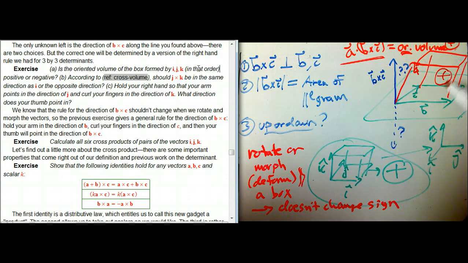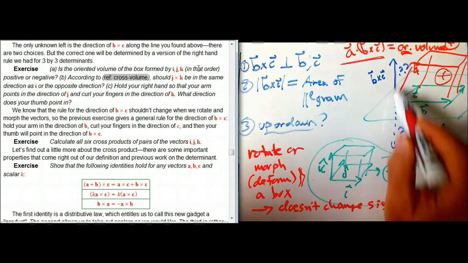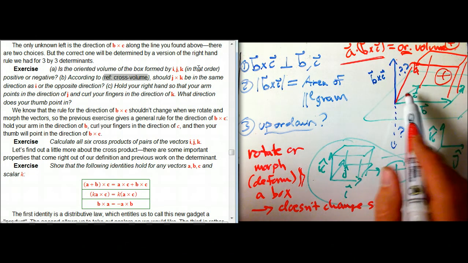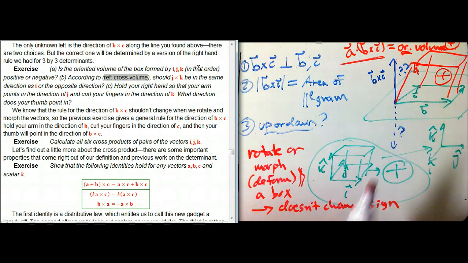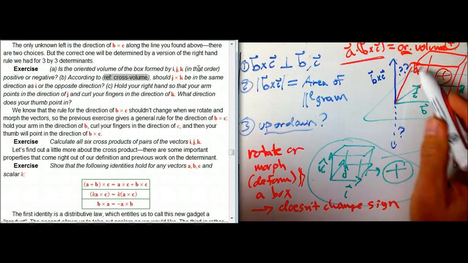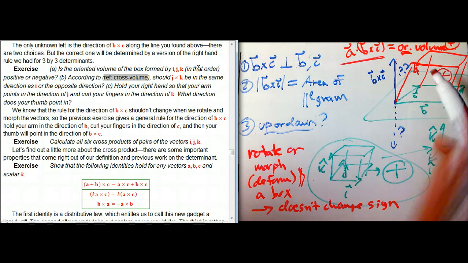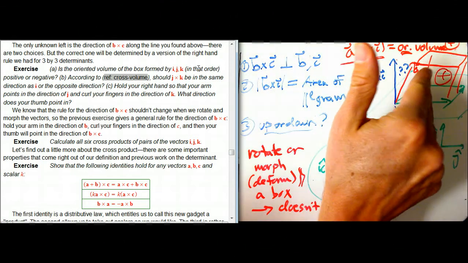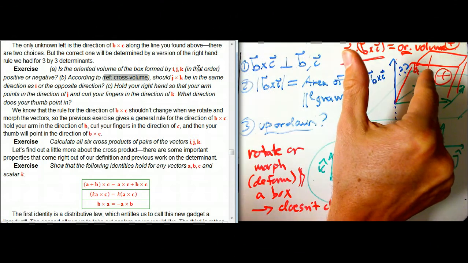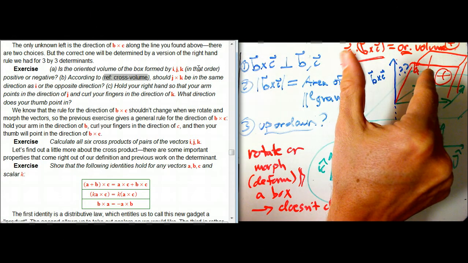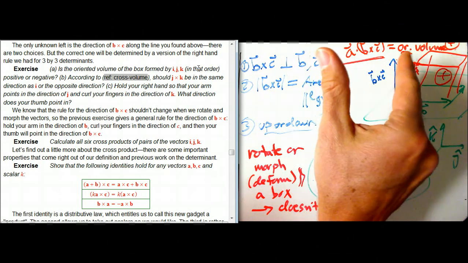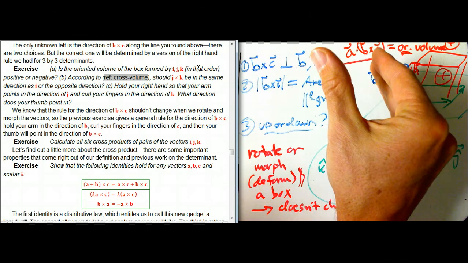Okay, so that tells us that the B cross C has to be in this direction. So the upshot is that it's got to agree with where your thumb would be for a positive box. So in other words, if I just use the thumb as that third vector, that's going to be the general direction of B cross C. So that's the right-hand rule that many people are familiar with for cross products.